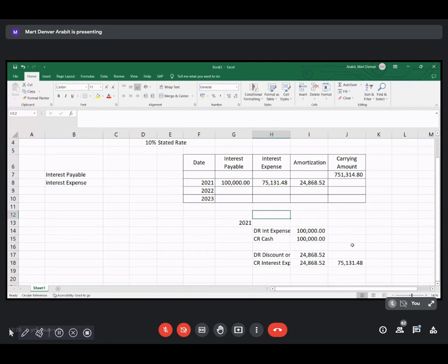So meaning, the actually paid interest is 100,000, but the recorded amount is only 75,000 due to the amortization of the discount and the premium on notes payable. So that is the common misconception about these two. They are different. Okay? They are different from each other. Okay, any more questions?